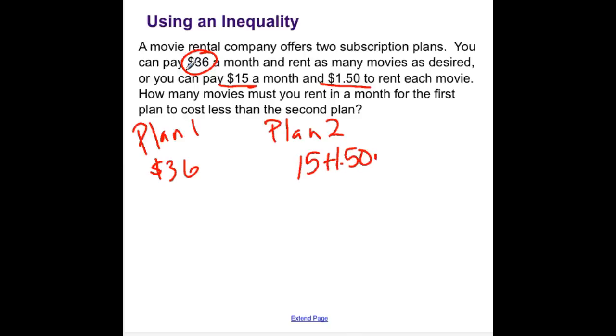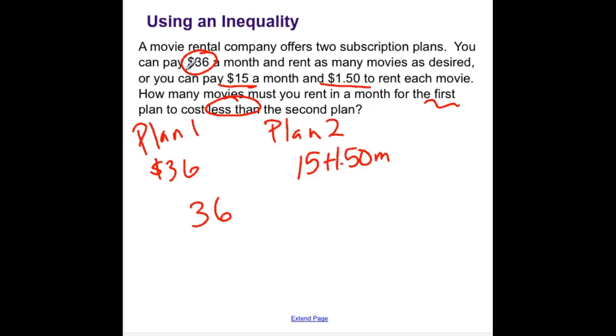So you have a straight up fee of 15 and $1.50 per movie. Let's make M movies. That's our variable. So we want the first plan to be less than the second plan. So we want $36 to be less than what that second plan ends up costing us.